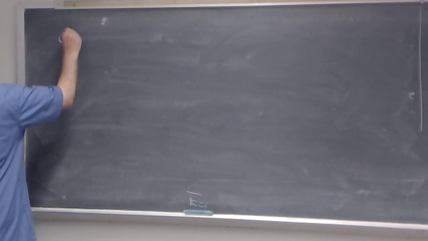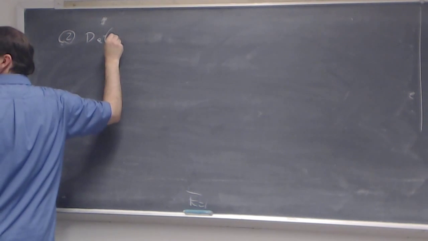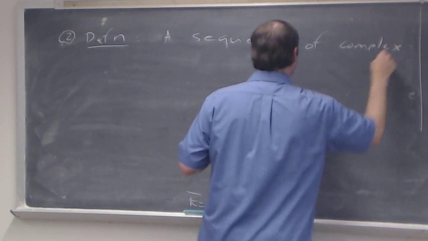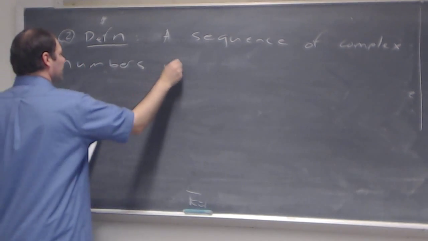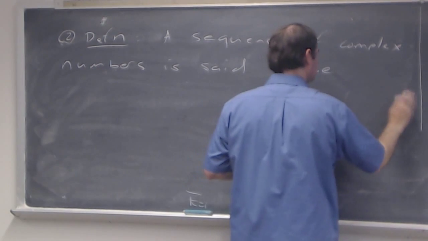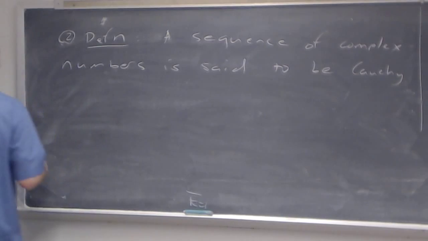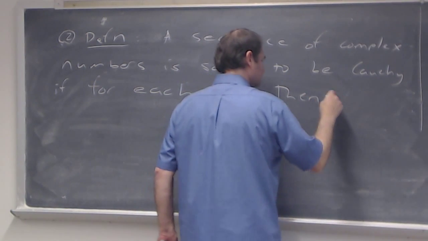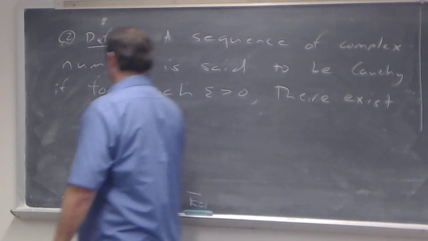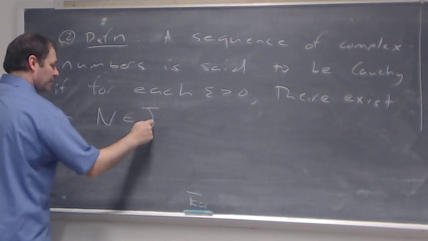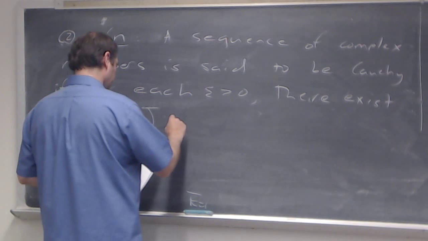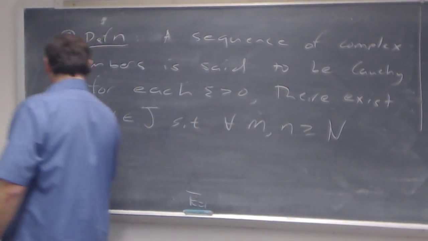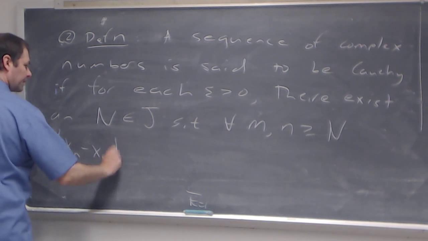Also, so here's where I'm defining what Cauchy means. So it's a definition. A sequence of complex numbers is said to be Cauchy if for each epsilon greater than 0, there exists an N that's a natural number, such that for all m and n bigger than or equal to big N, the norm of x of n minus x of m will be less than epsilon.